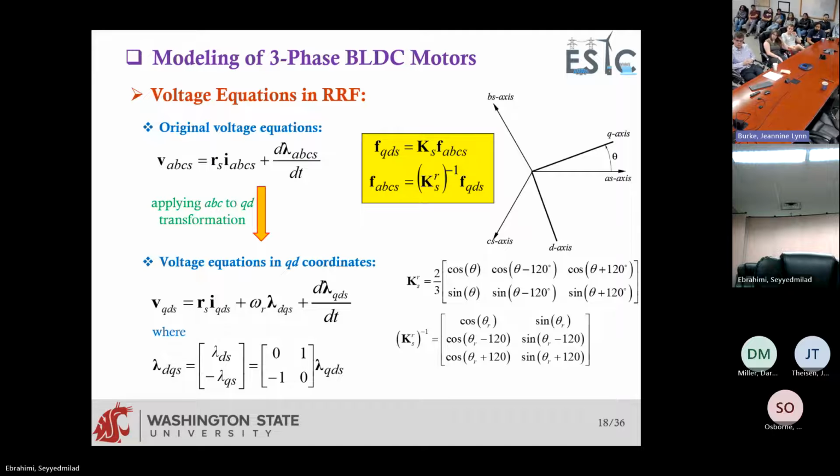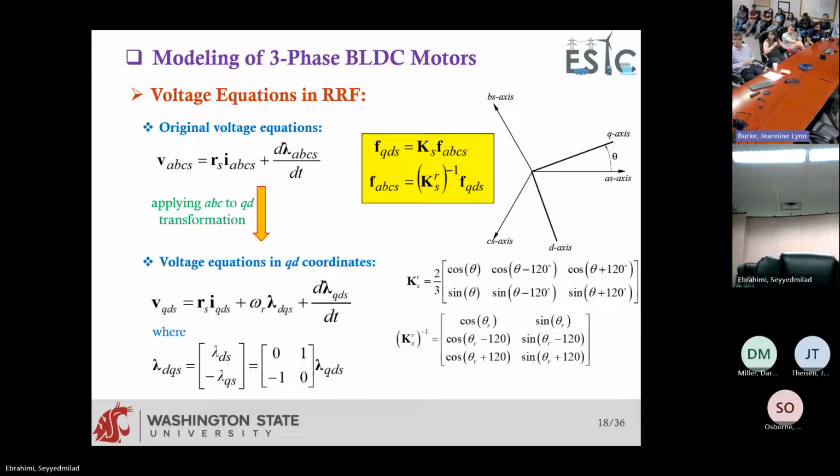If we have three phases here, we have the stationary axes, AS and BS axes, which do not move. Then we have what are called the rotating reference frame, Q axis and D axis, and they rotate with the speed of the rotor.